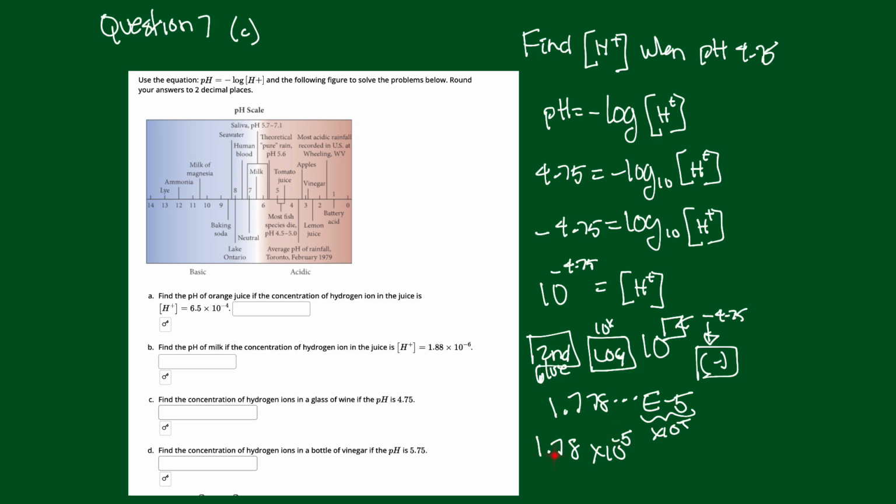So to get it out, I'm going to move it 5 to the left. So there's 1. I need 4 zeros. So how about 0.0000178? I'll put a leading 0 out there. So you know what? I think it's just as reasonable to leave it like this in scientific notation.